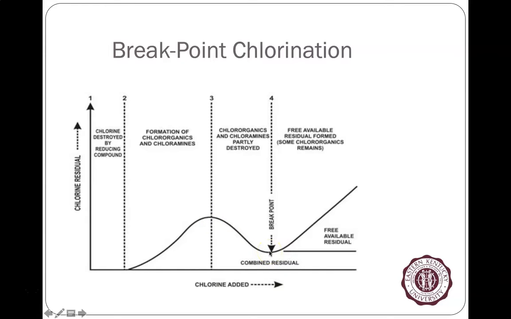And we will hit a place called the breakpoint. At a certain point, you've added enough chlorine to overcome the formation and destruction of all the chloramines, you've quenched all the reducing compounds, and you will have free available residual chlorine. So everything added from here on is available to disinfect. They call this the breakpoint.